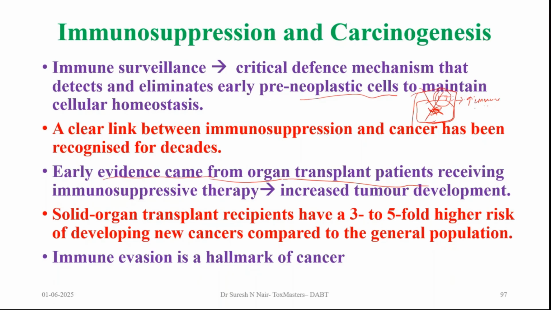So in those patients who receive immunosuppressant agents, or in certain disease conditions like HIV, where the immune system is impaired, the chances of carcinogenesis are more. The reason, in the case of immunosuppressive drugs and in immunocompromising diseases like HIV, is that the surveillance, that critical defense mechanism exerted by the immune system, is impaired.